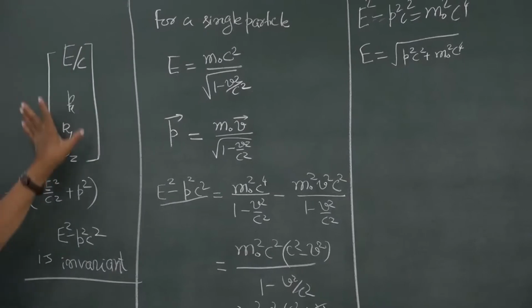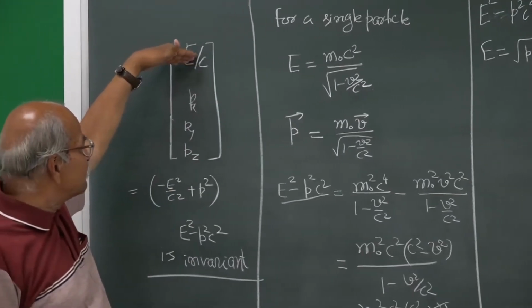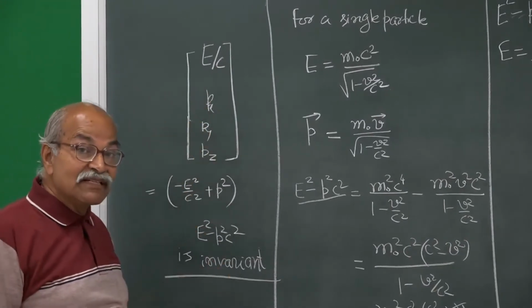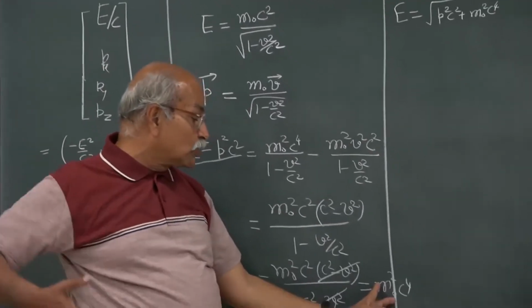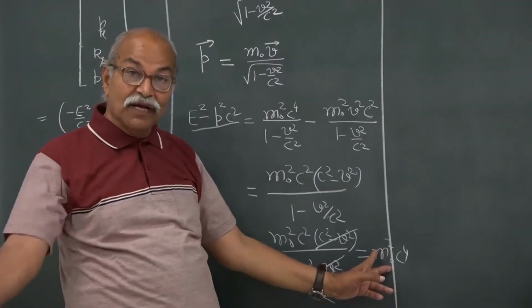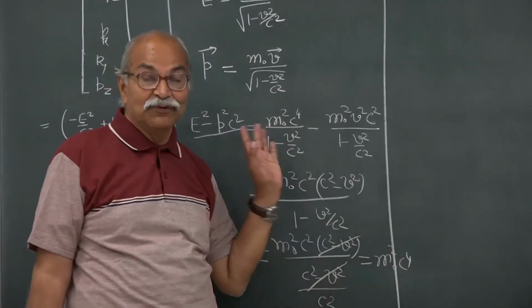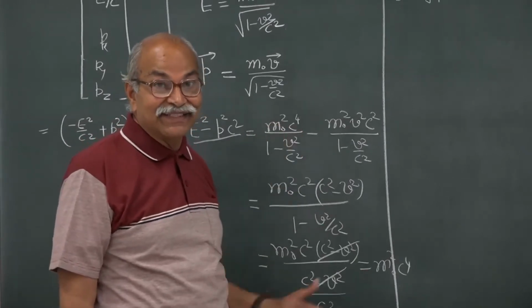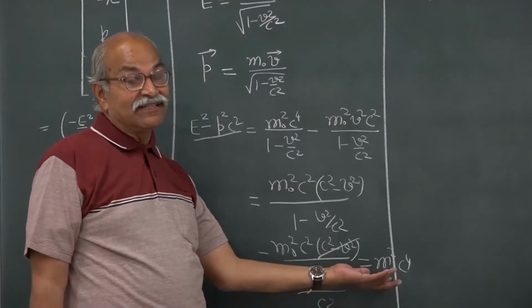If you write these, it is still a 4 vector, and again minus of this square plus this square plus this square plus this square will remain invariant. But then it will not be something like the total rest mass of the two particles, m01 plus m02 square c to the power 4. That is not guaranteed, that is not the case. But whatever it is, it will remain invariant.